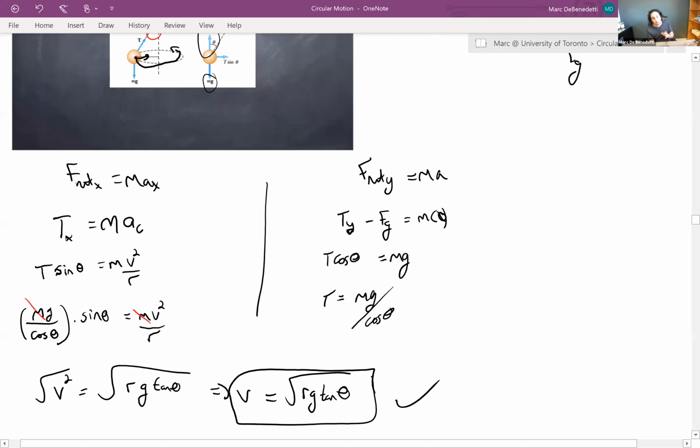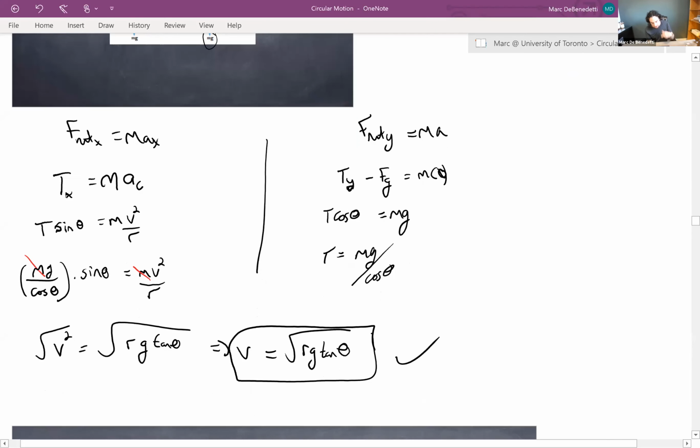If the ball was traveling slower than root r g tan theta, it would be traveling too slow to maintain circular motion, so it would start to fall. If the ball was traveling faster than root r g tan theta, then the upward force of tension would be stronger than gravity, and the ball would continue to rise.